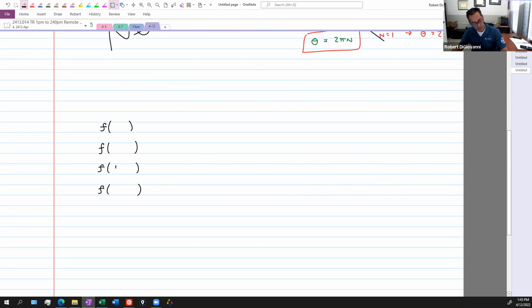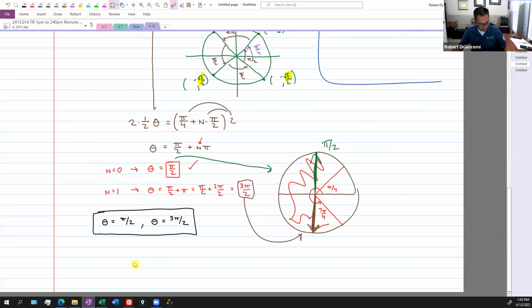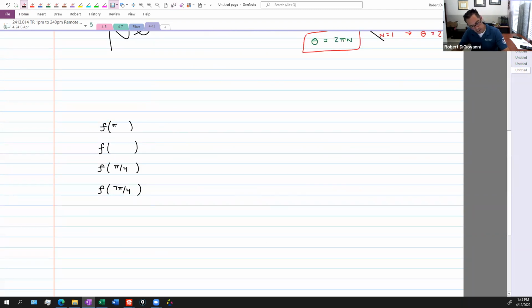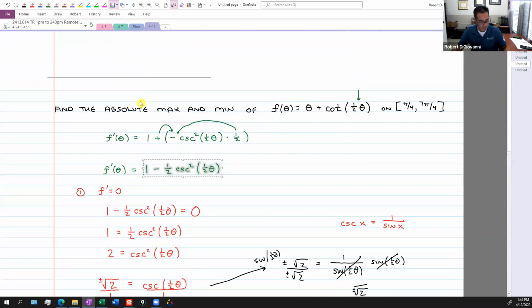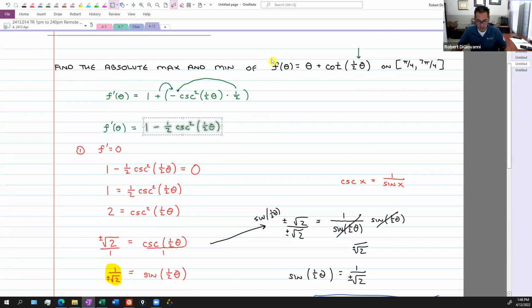The endpoints I remember, pi over 4, 7 pi over 4, and then pi over 2, 3 pi over 2. Those are getting plugged into the original function, which is this.